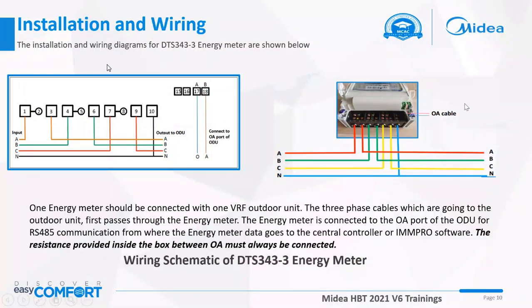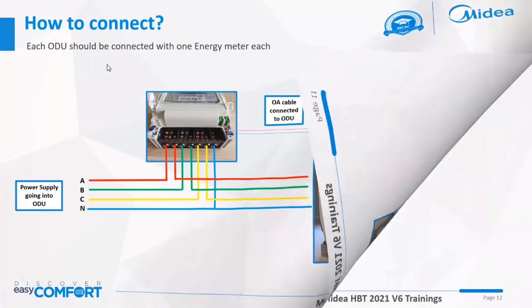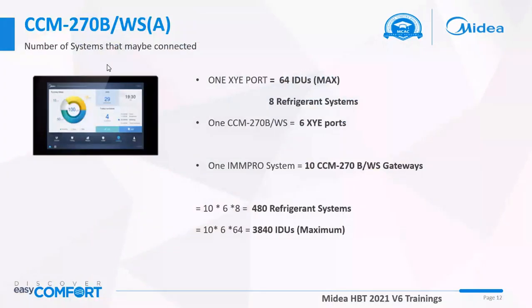So OA from here connects to that OA port, and this energy meter value will go inside the system, and from the system will go to the IMM Pro. So this is the whole arrangement. Very simple, just to explain it again. I hope up till now it is clear, right?